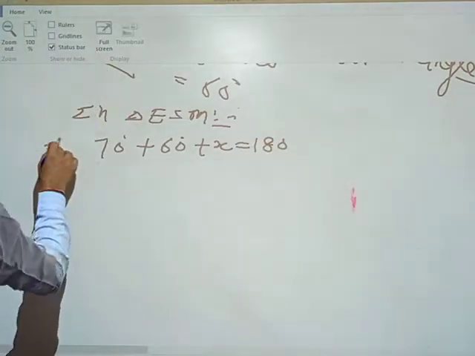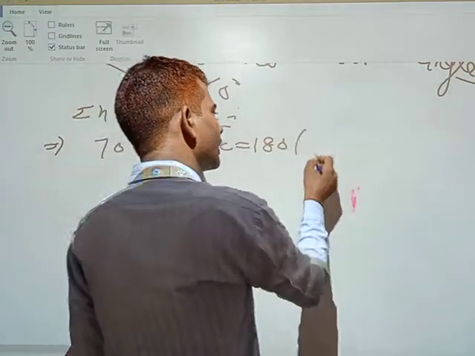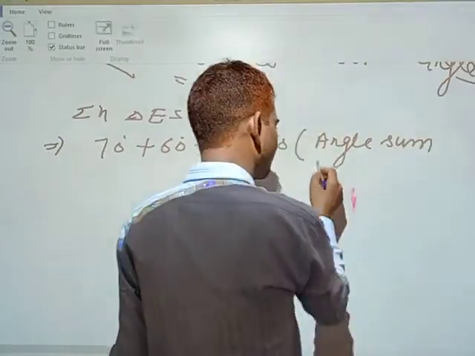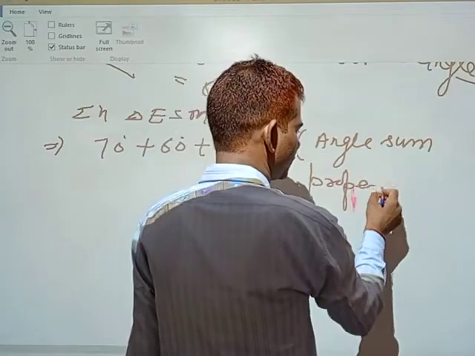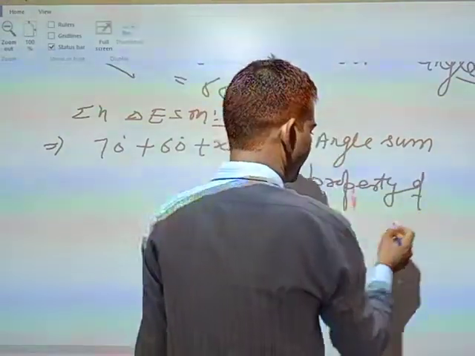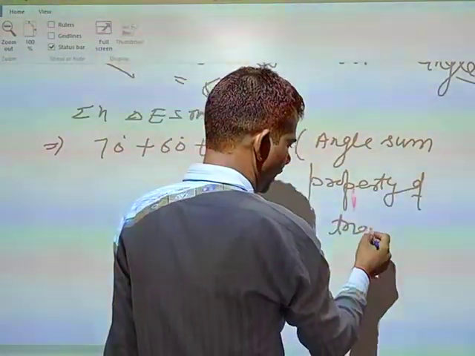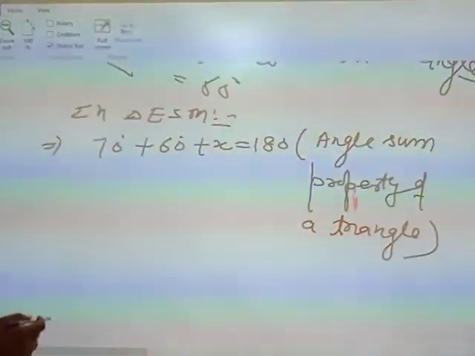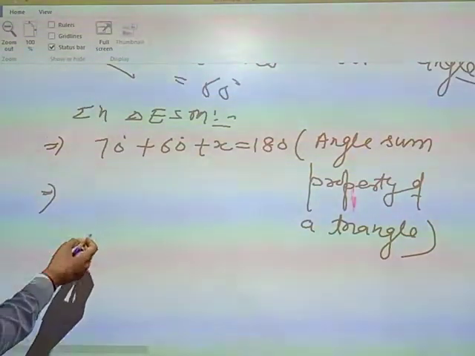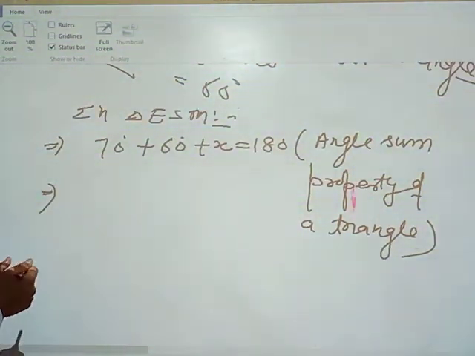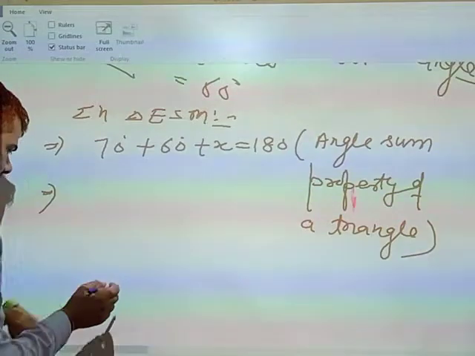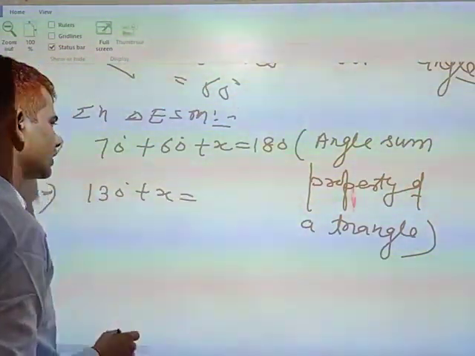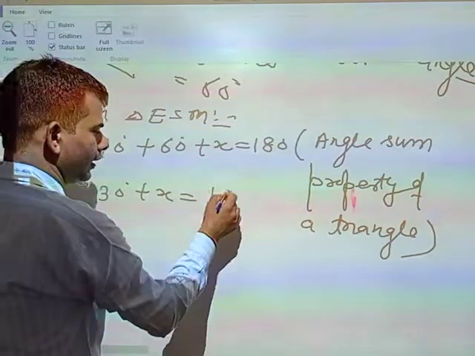Why? Angle sum property of a triangle. Now students, 70 plus 60, that is 130, plus x is equal to 180.